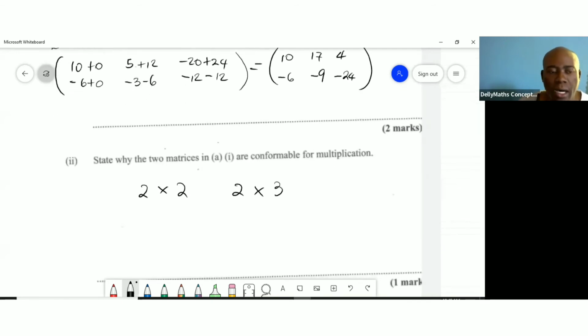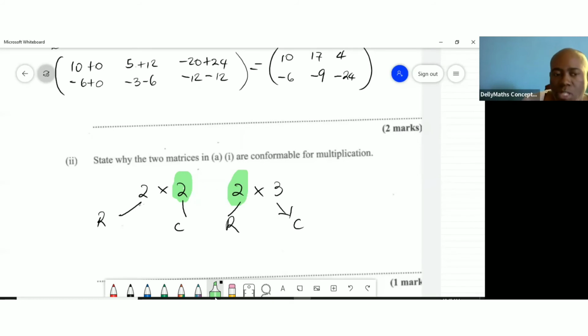And this refers to rows, and this is column, this is row, and this is column. So what we want to look at is the fact that when the number of columns in the first matrix is equal to the number of rows from the second matrix, they are compatible to multiply.